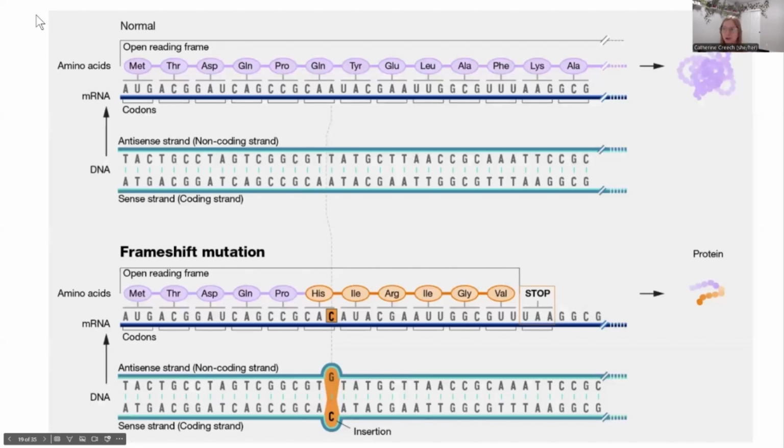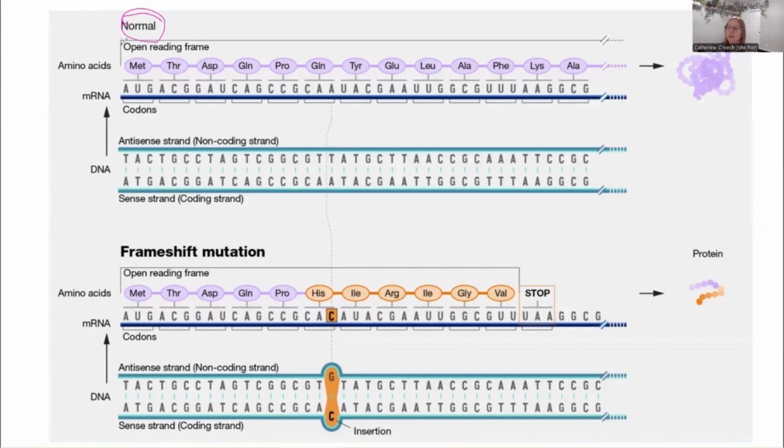Here's another visual of a reading frame mutation that's showing the amino acids. Up here, I have a normal, unaltered piece of DNA. Here's the reading frame. This is the part of the DNA that I'm using to make amino acids. I have my DNA strand here. I've got my coding strand and my non-coding strand, that's also referred to as the template strand.